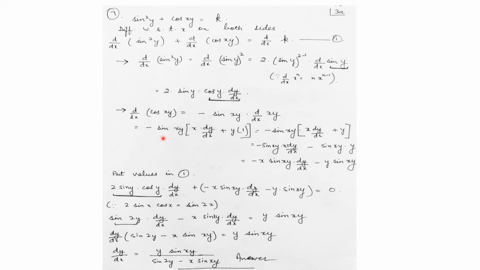You will write minus sine xy as it is outside the bracket, then first term x as it is multiplied by the derivative of the second term which is y, and the derivative comes out to be dy by dx, plus second term as it is, y, multiplied by the derivative of x which is 1. So you are getting minus sine xy, bracket starts, x into dy by dx plus y.